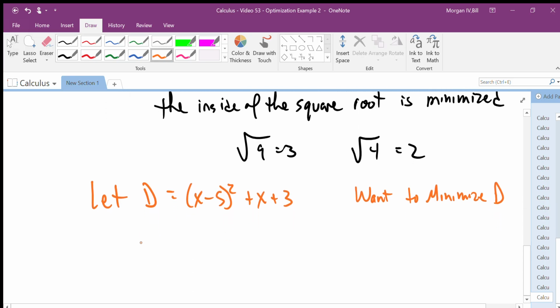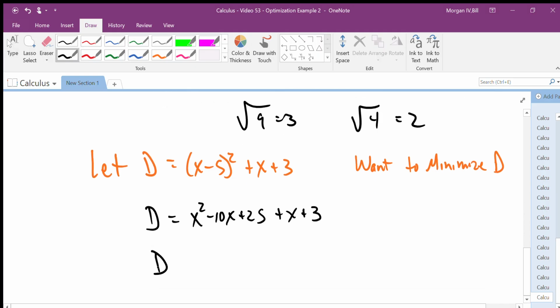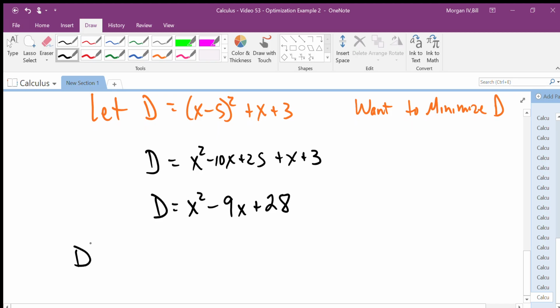So simplifying here, let's move to not orange. D is equal to x minus 5 squared, which is x squared minus 10x plus 25, that's x minus 5 times x minus 5, plus x plus 3. That means D is equal to x squared minus 9x plus 28. Okay, so the derivative, D prime, is equal to 2x minus 9.